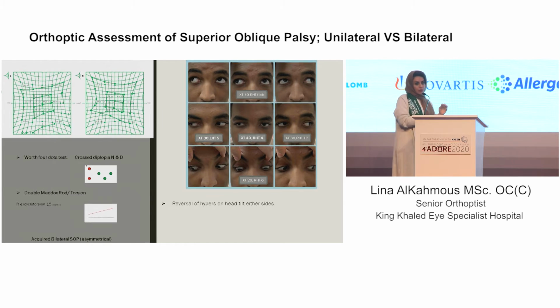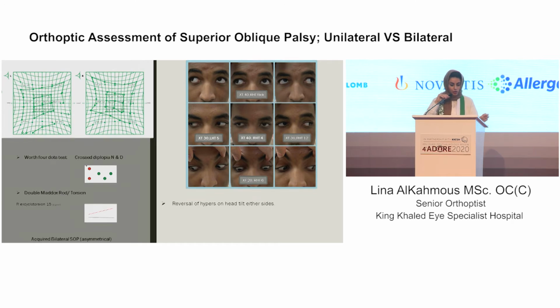We count a V pattern when the difference between the up and down is 15 prism diopters or more. And you can find a reversal of hypers in right gaze and left gaze: there is an LHT in right gaze and RHT in left gaze. The double Maddox rod shows 15 degrees of right axial torsion.